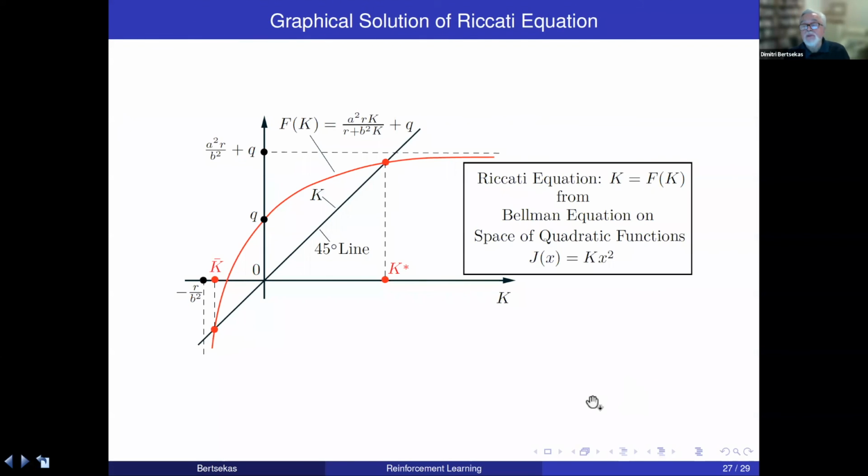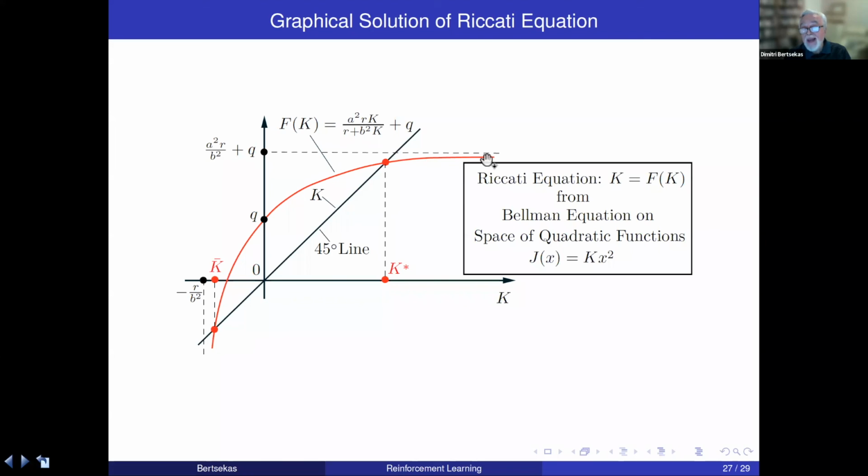And here's a graphical solution. K star is a solution of this Riccati equation. And the Riccati equation involves this right-hand side, f, and it is given by this expression here. This is the A and B coefficients of the system, R and Q coefficients of the cost. And you can plot, and this is a pretty accurate depiction of this function.